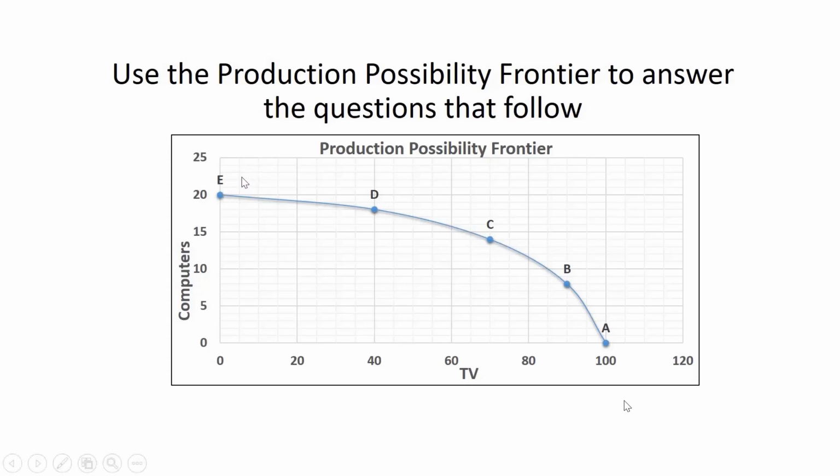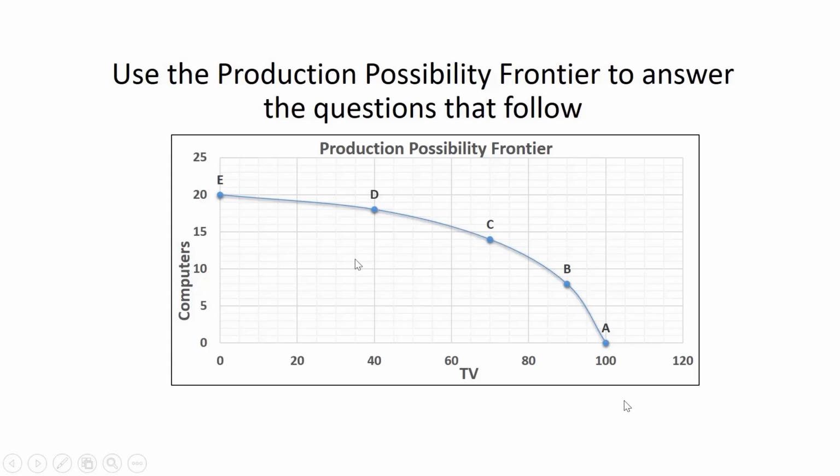This means that any combination above the PPF is not attainable with the given resource and the technology at our disposal. Below the PPF, we have infinite combinations of the two commodities that we can produce.